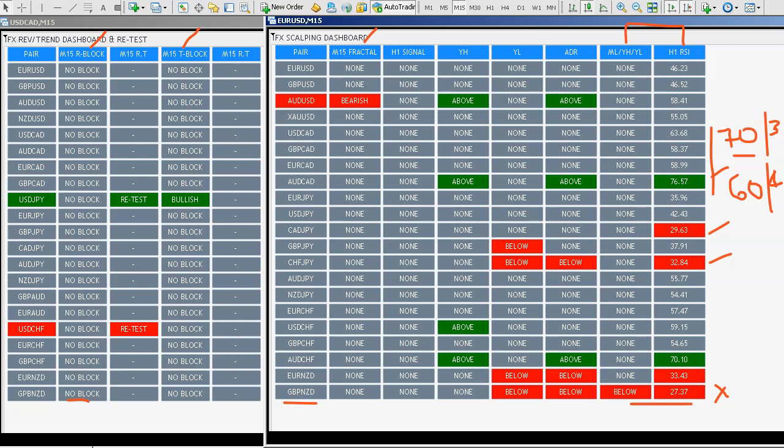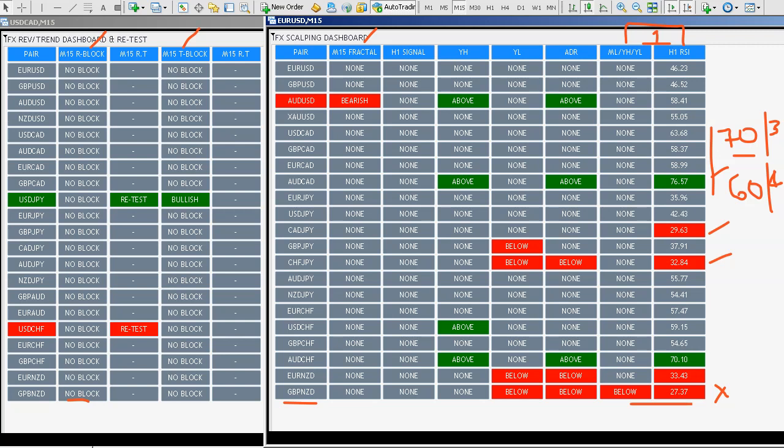So this is step number 1: make sure that we don't have both of them lit up. If one of them is lit up, especially the RSI, wait and see until it comes back into the gray area. If this one is lit up, it's going to stay like that until the next day. So it's best for you to see what's up.